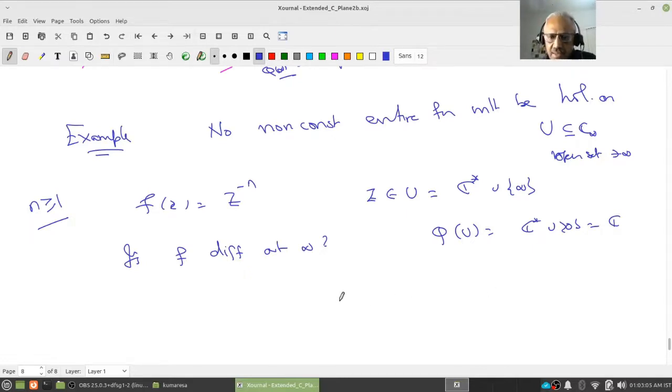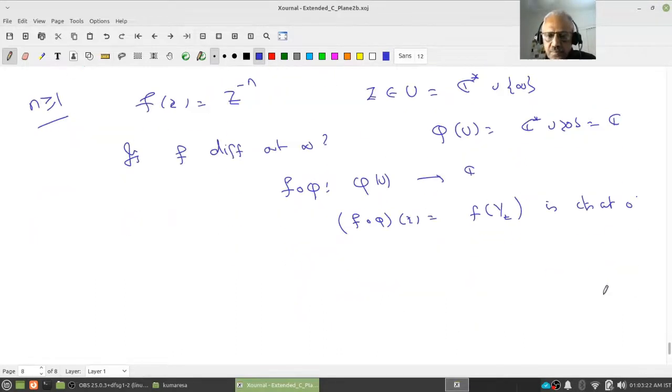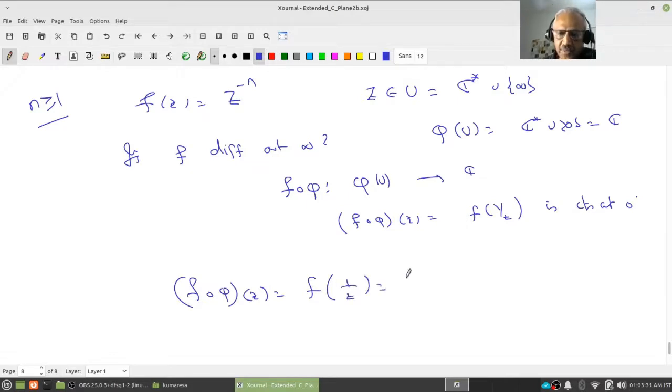Alright. Now, what is the function I have to look at? I have to look at the function f composite phi from phi of U to C. That is f composite phi of any z is f of 1 by z. I want to know this is differentiable at 0. But what is f composite phi of z? F of phi of z is f of 1 by z, and f of z is z to the power minus n, so this is z to the power n.